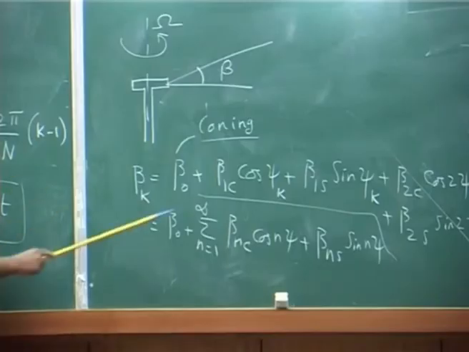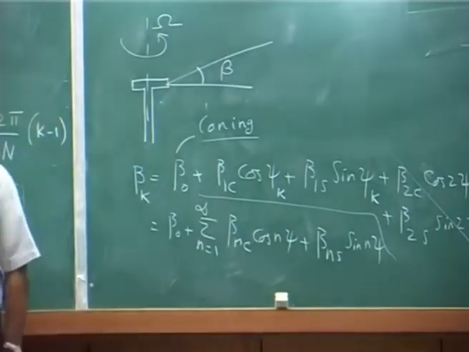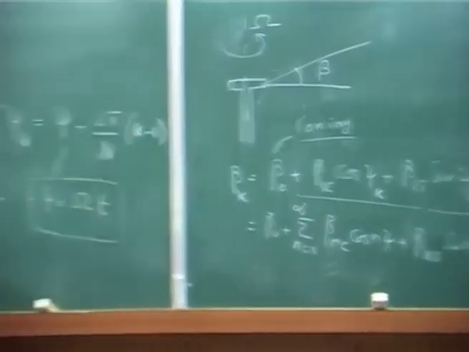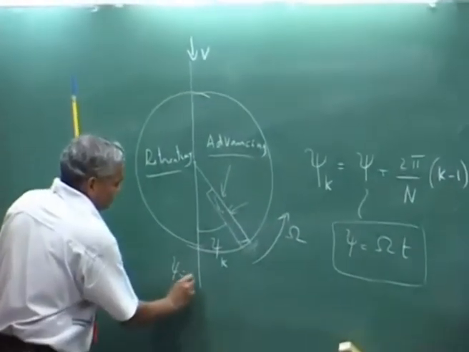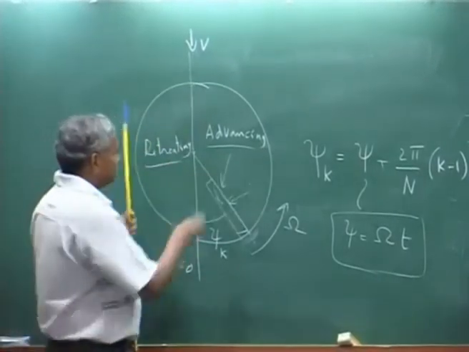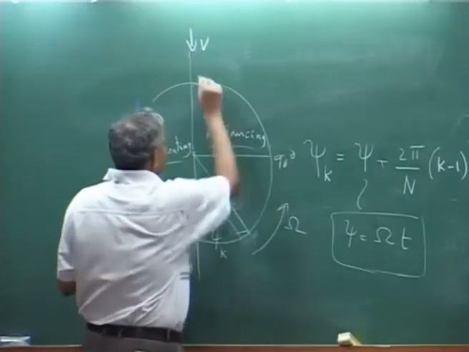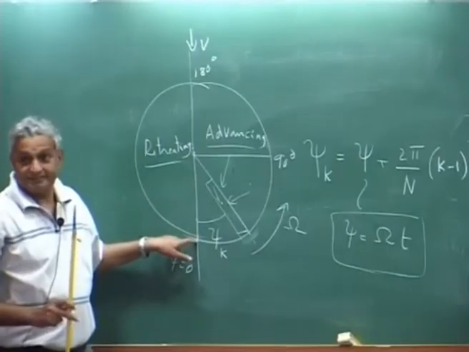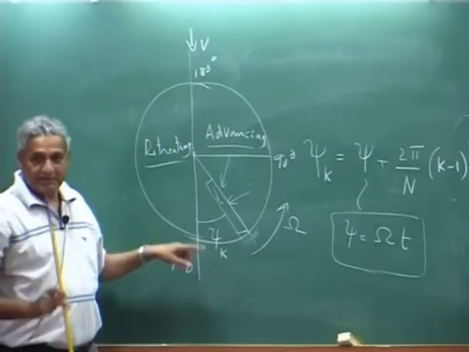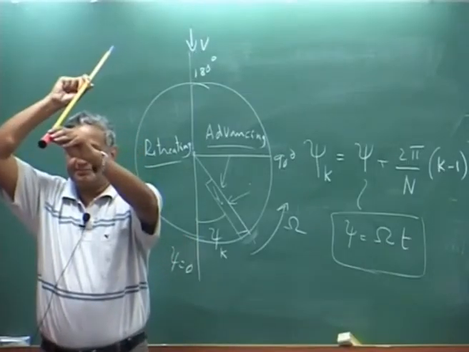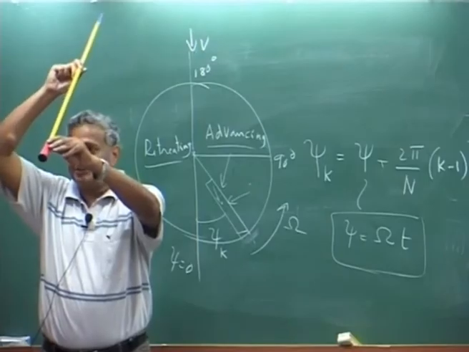Now when you look at 1C, what does it represent? If beta 1C is positive, that means this is my psi 0 position. This is 90 degree, this is 180. That means when the blade comes back to this point, if this is the fore and aft, it will do like this.